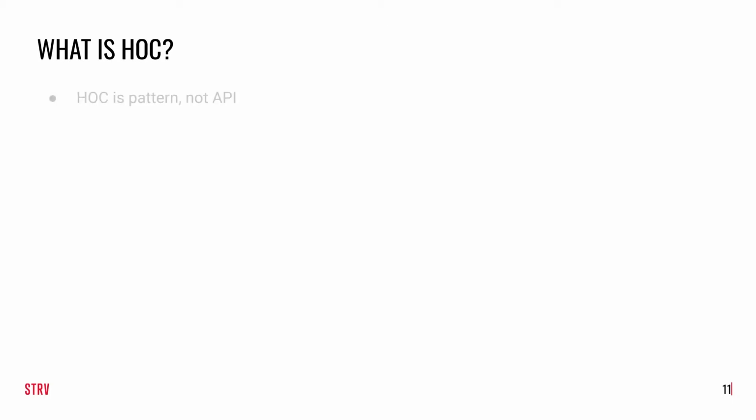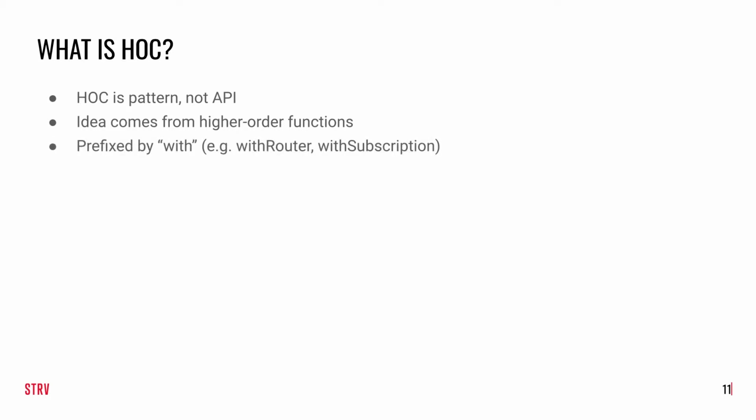So what is it? It's just a pattern, not an API. So you can use it with every version of React. This idea comes from higher order functions, as I mentioned. Usually higher order components are prefixed with, for example, with router or with subscription.